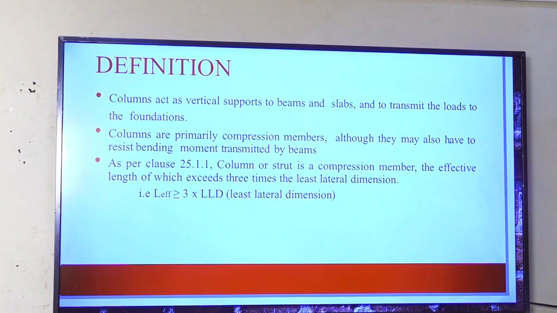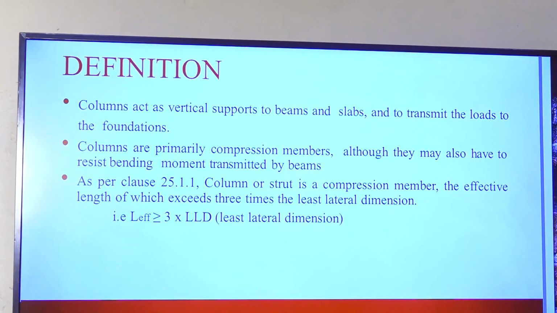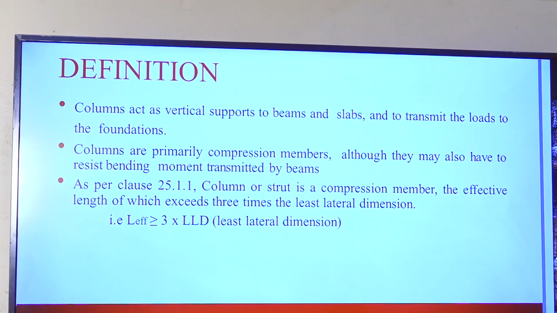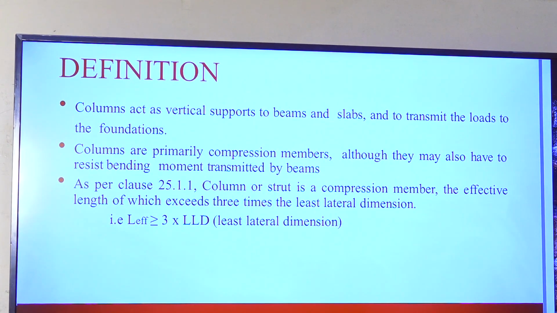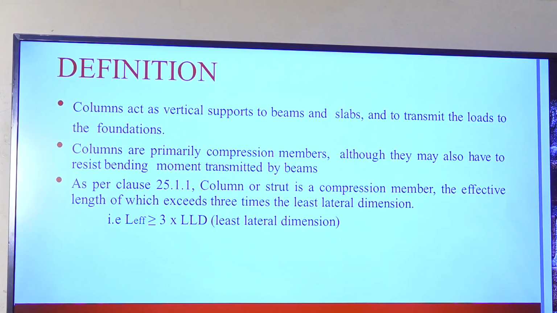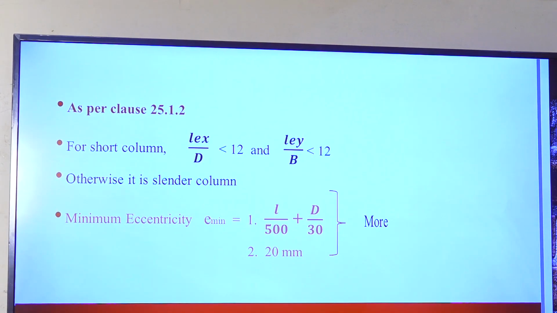But as per IS 456-2000, clause number 25.2.1, column or strut is a compression member, the effective length of which exceeds 3 times the least lateral dimension. Here I have shown L effective greater than or equal to 3 into LLT, that is least lateral dimension.